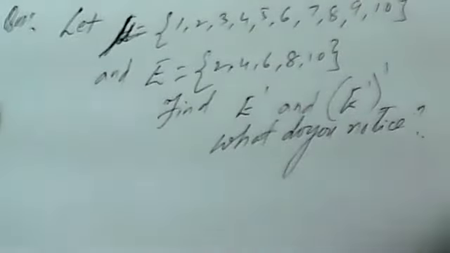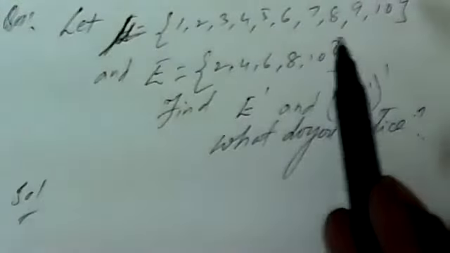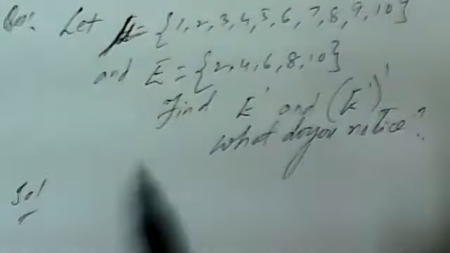So, the solution we write. You have been given the universal set 1, 2, 3, 4, 5, 6, 7, 8, 9, 10, and E is equal to 2, 4, 6, 8, 10. I have to find E complement.